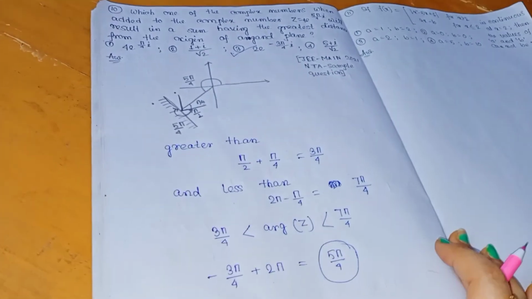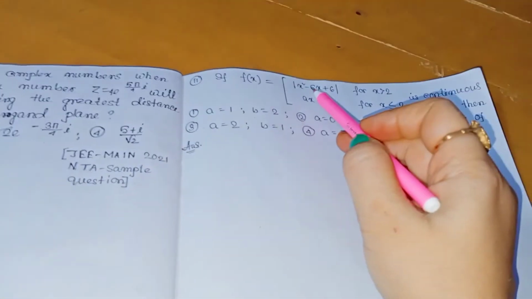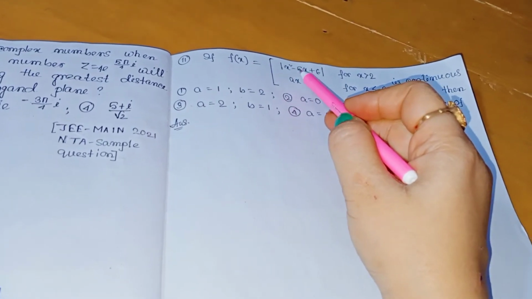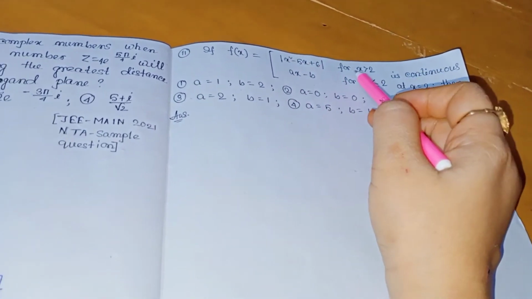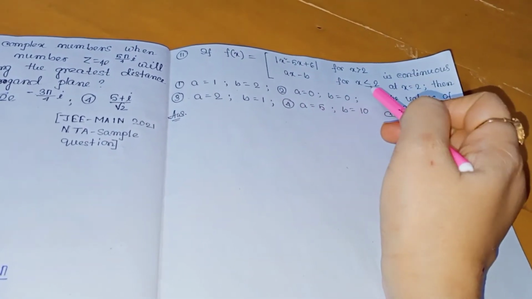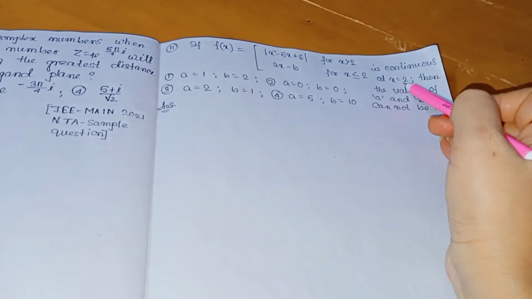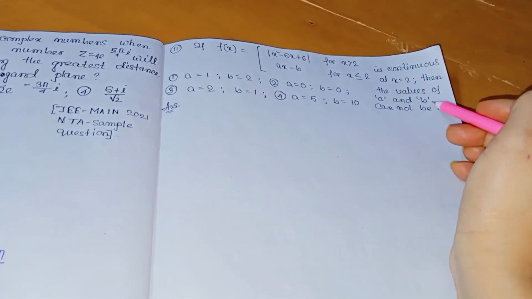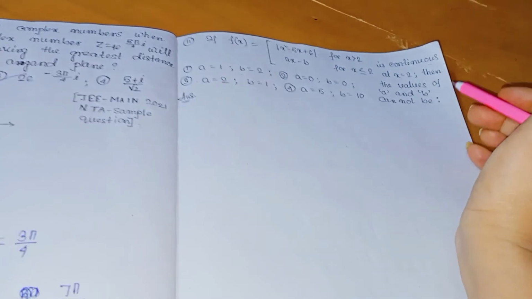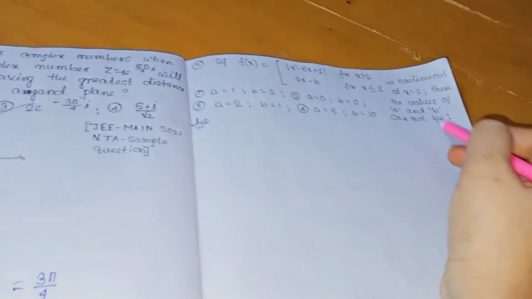Now moving to problem 11. If f of x is equal to mod of x square minus 5x plus 6 for the region x greater than 2, and ax minus b for the region x less than or equal to 2, is continuous at x equal to 2, then the value a and b cannot be. Four options are given. We need to find which case is not happening.